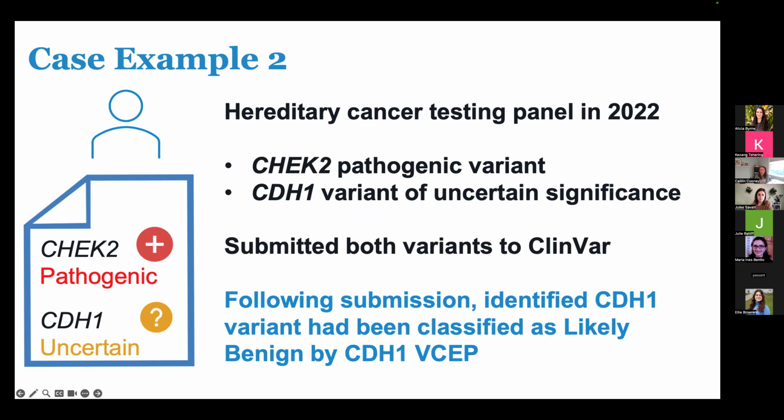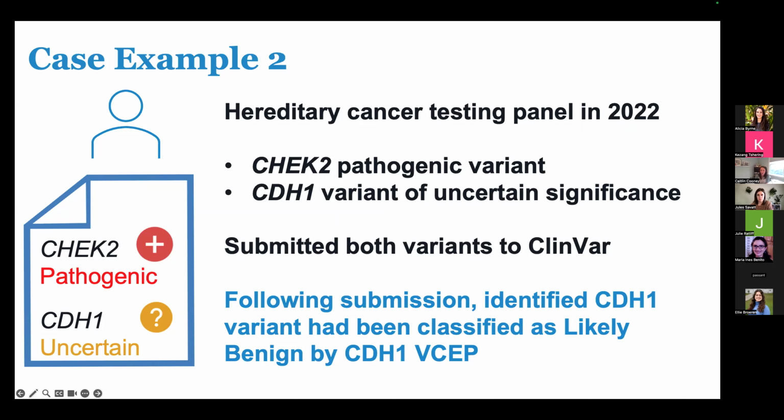So we reached out to the laboratory that did the testing and asked what their current classification for the CDH1 variant was. They informed us that they only relook at variants if it's a request from the ordering provider. Therefore, they would not be willing to provide that information to a patient registry.